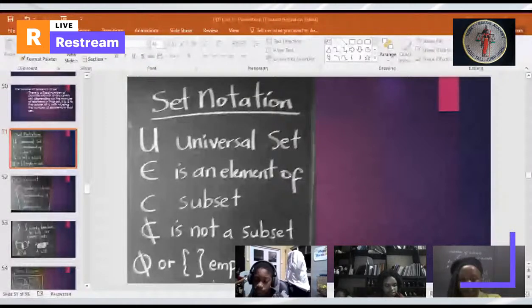Now the empty set, otherwise called the null set, is represented by a circle with a stroke drawn through it or curly brackets with nothing inside. So John, you're saying you have an example of the empty set, the null set? Yes, Miss.